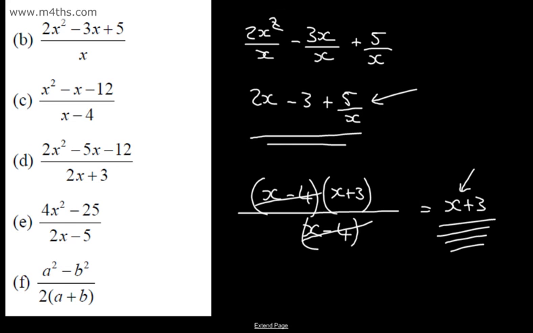Okay, if we look at the next one, we've got here 2x squared minus 5x minus 12, and in the denominator 2x plus 3. So we're dividing a quadratic by a linear term. I think this is going to factor. And if we factor the numerator, we'll have 2x plus 3, and we will have now x minus 4. So we learned how to factor quadratic expressions in a previous unit.